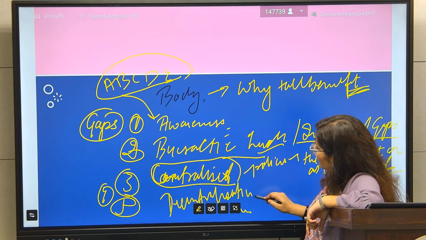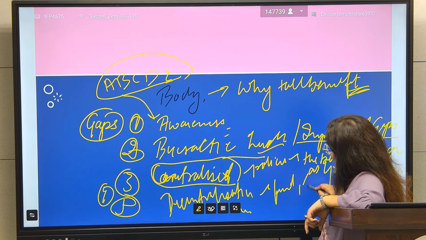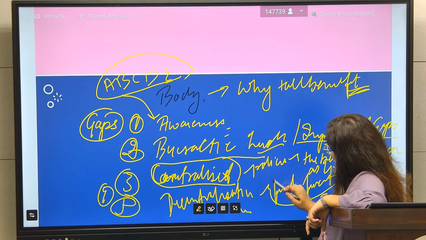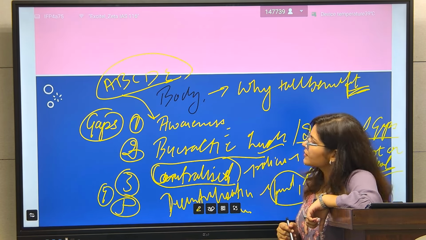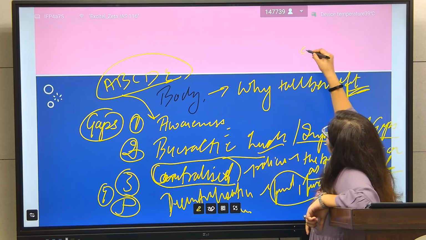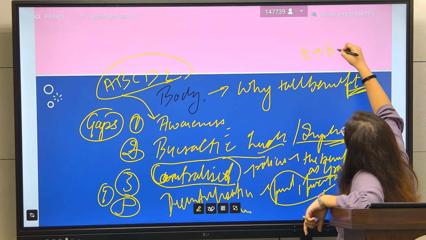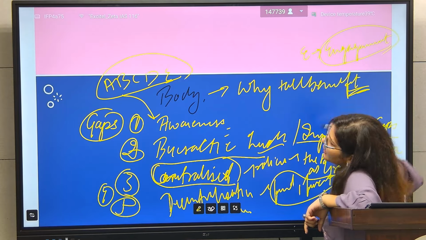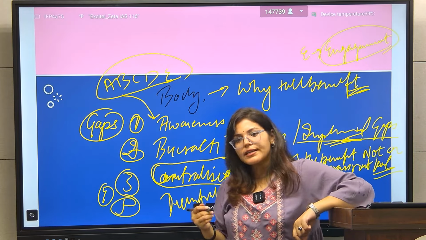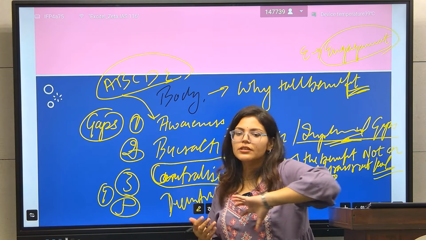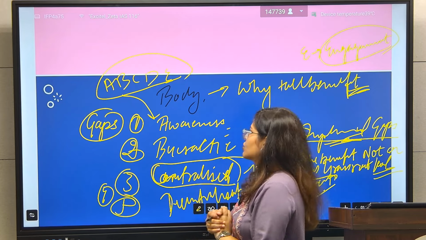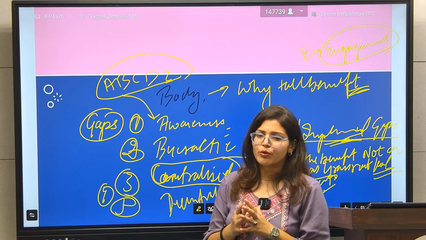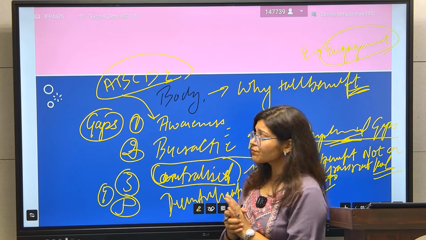There is lack of funds, lack of functionaries. So how will they implement these policies? Then E is engagement. The community engagement is not there. That's why the full benefit is not given to the underprivileged section. In this way you have to generate points and give examples.